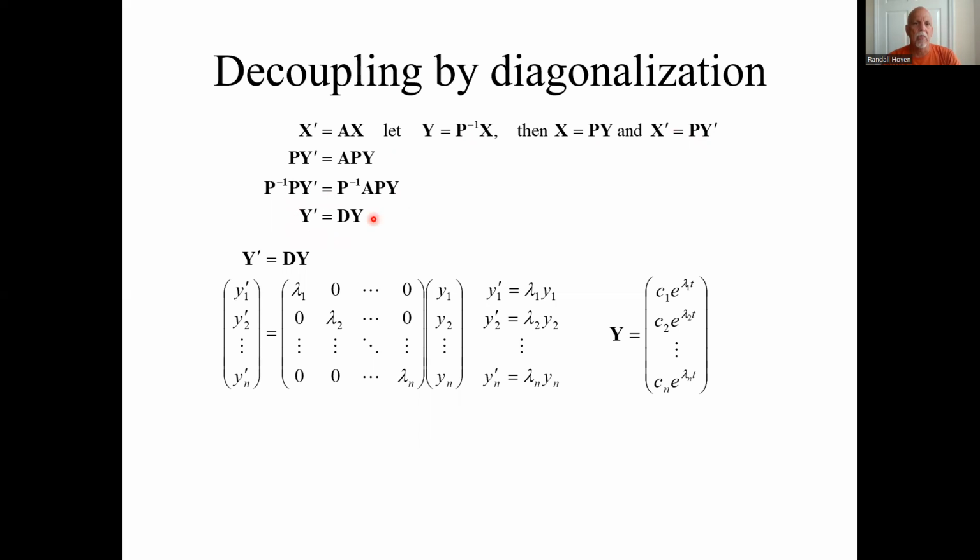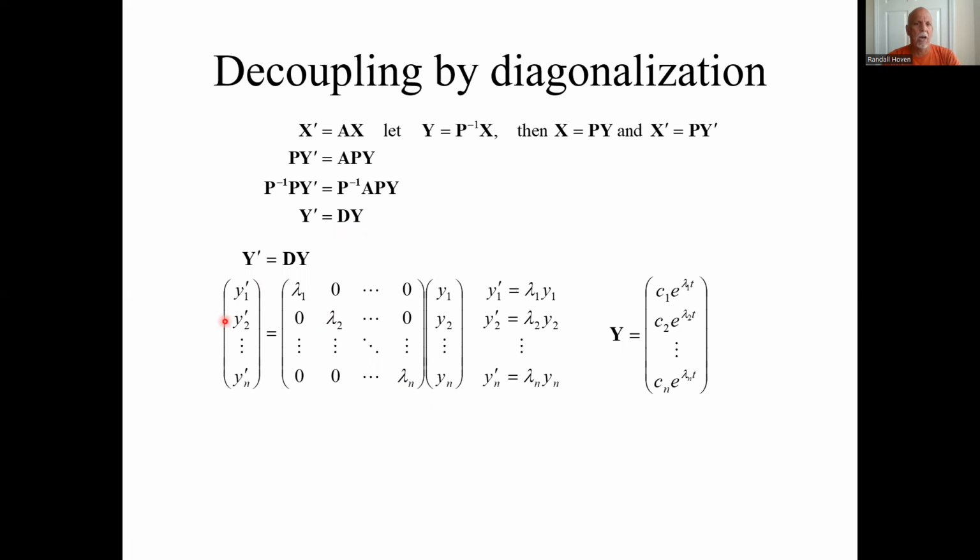And I end up with this differential equation in terms of the new variable y. Y is actually a vector of variables. D, remember, was the diagonal matrix where the diagonal terms were the eigenvalues.